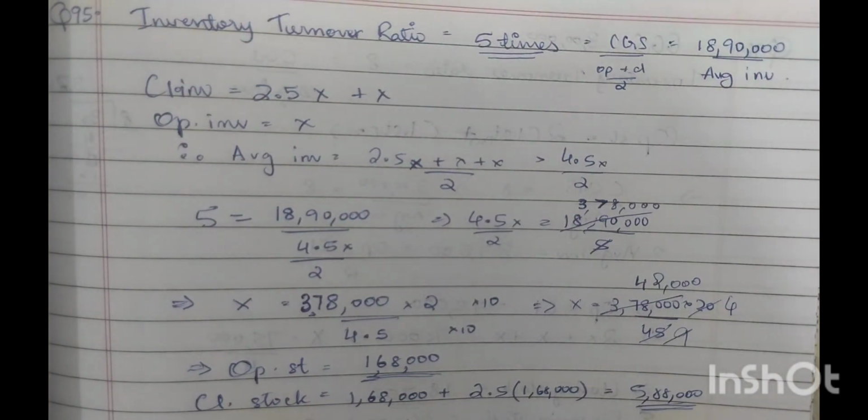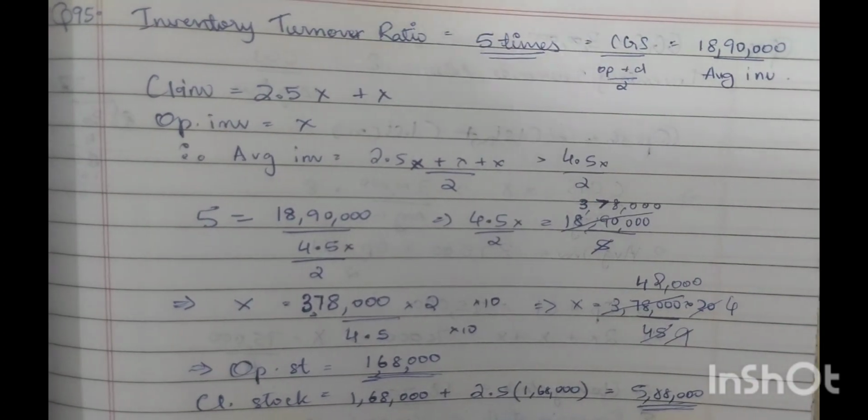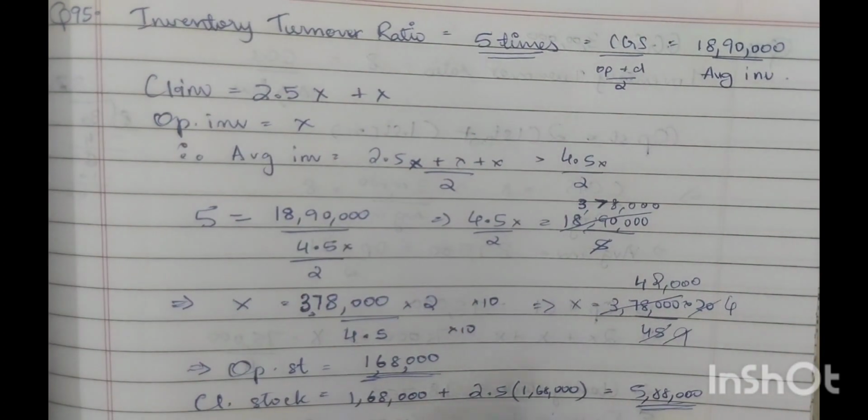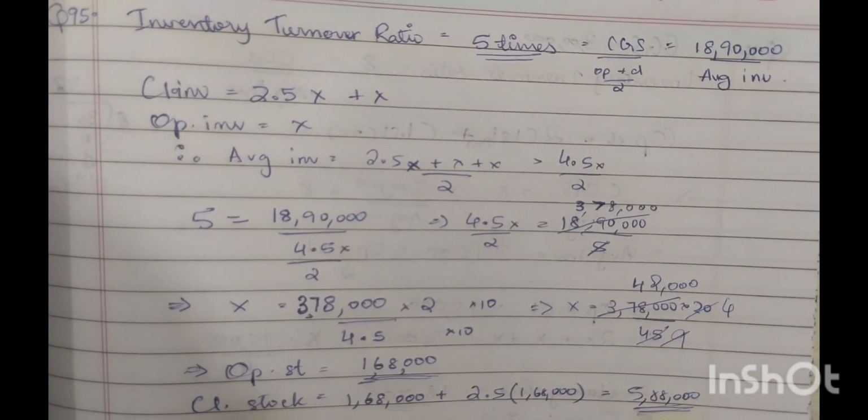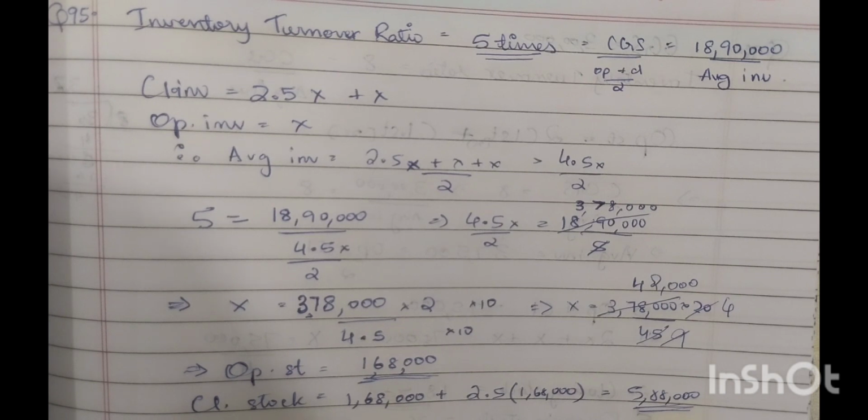Like in the previous question, it was written that closing inventory is more by 4,000 than the opening inventory, or it could be that opening inventory is more by a certain amount than the closing inventory. So in that situation, we just simply add the two. The second situation is where they say that opening inventory or closing inventory is more than the other by a certain amount.